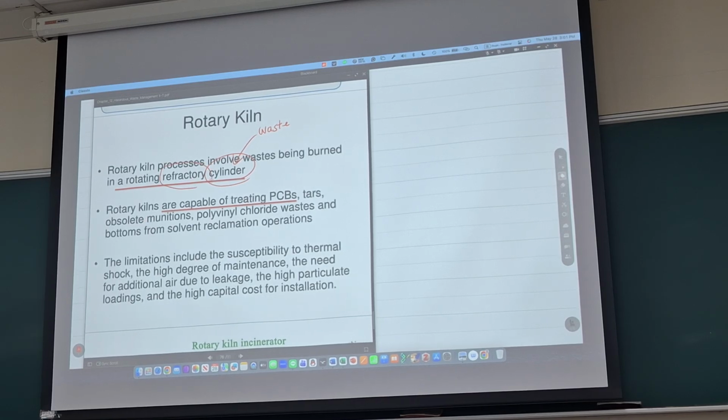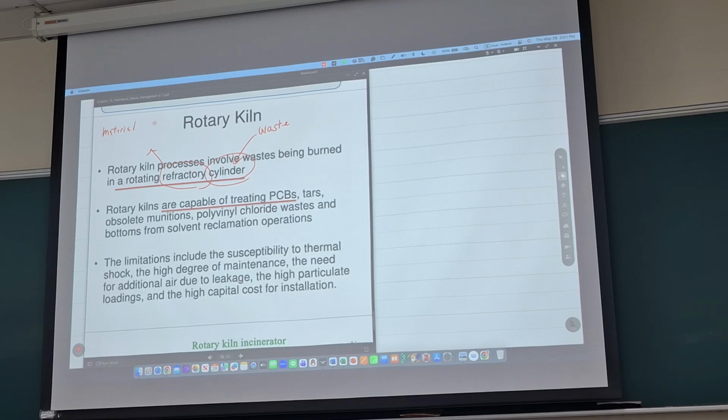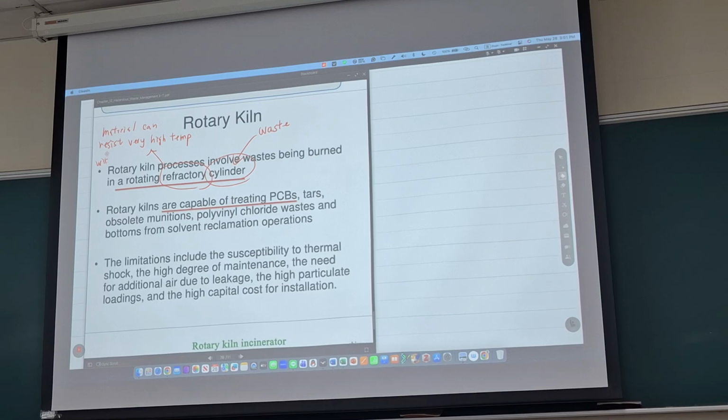I want to define this word, refractory. Refractory means a material that can resist, can withstand, very high temperature.